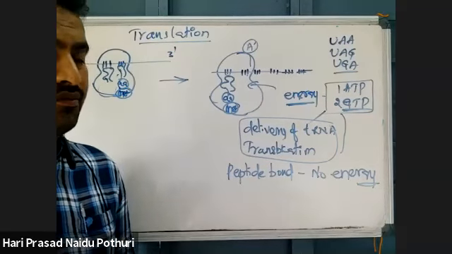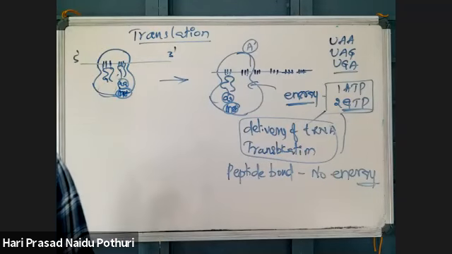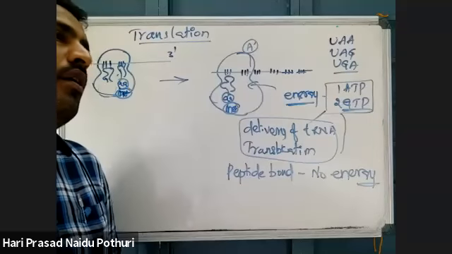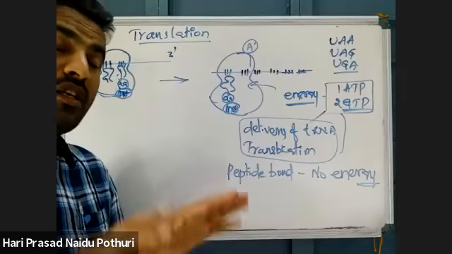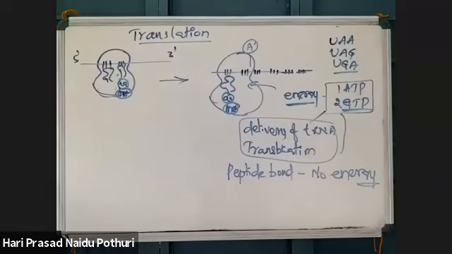This results in a shift of tRNA with amino acids, or tRNA with peptide chain, from the A site to the P site, and is called translocation.